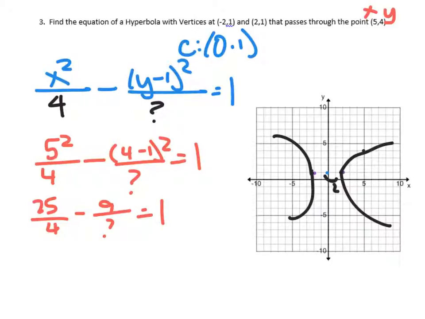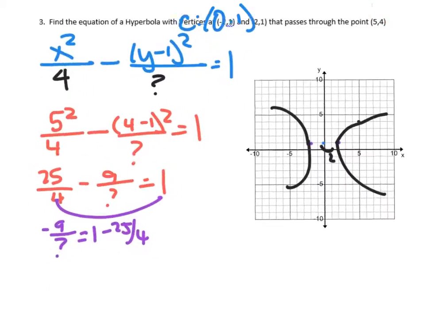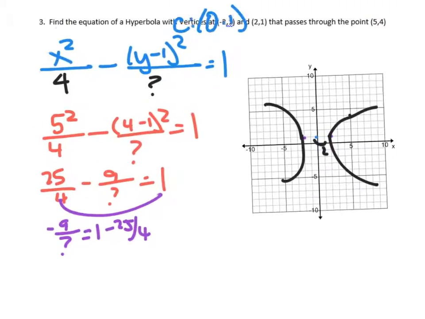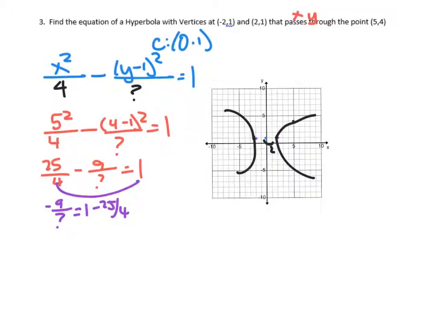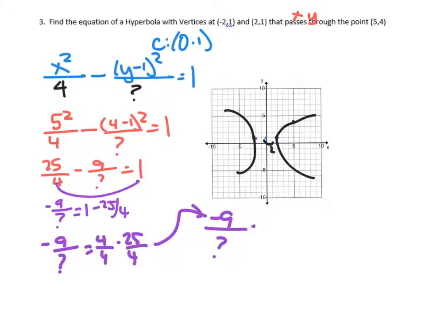And so if I want to solve for the question mark, I'm going to move over the 25 fourths. Negative 9 over question mark equals 1 minus 25 fourths. Then negative 9 over question mark equals 4 over 4 minus 25 over 4, which is negative 21 over 4.